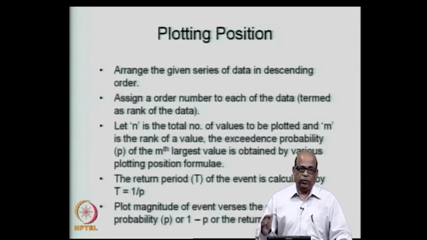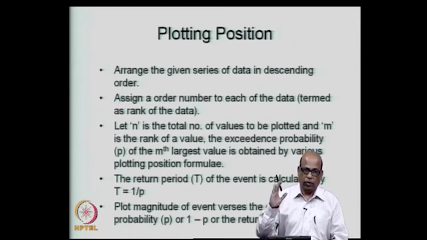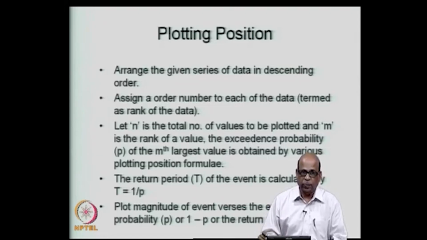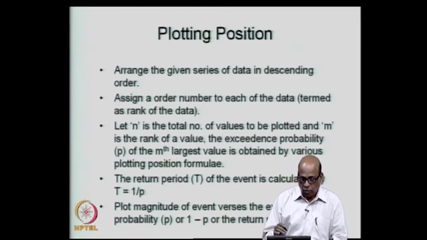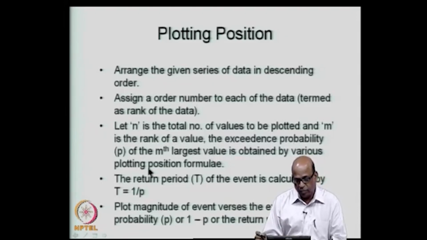What we do is that we arrange this sequence in decreasing order. So, from the highest value first to the lowest value last, we arrange it in decreasing order, and we assign an order or a rank to each of the values, starting with the highest value taking number 1 and the last value taking rank of n, if you have n values. So, if you have n number of values and m is the rank of a particular value, then the exceedance probability of the mth largest value is obtained by various plotting position formulae.